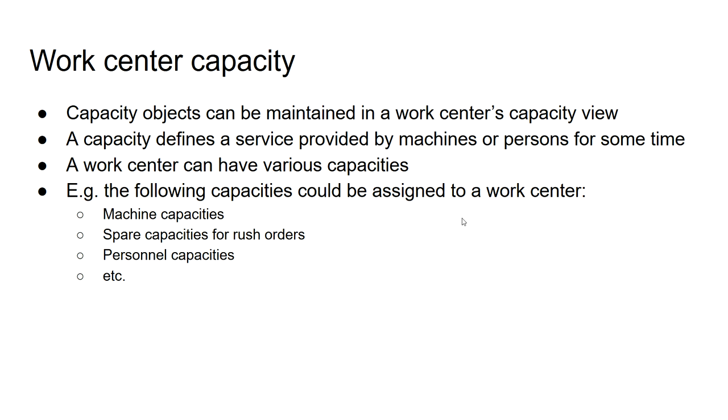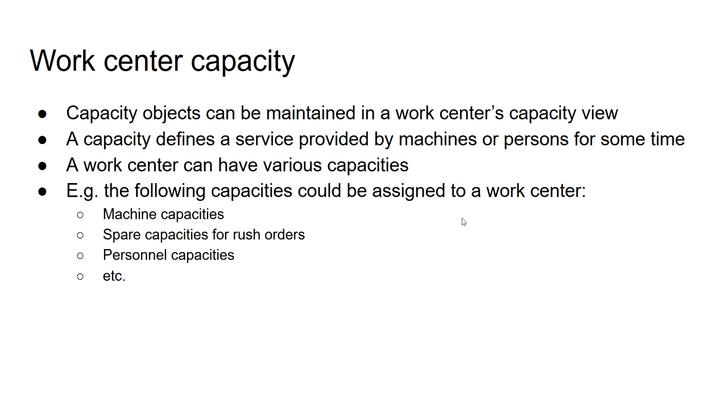And now we have come to the point where I want to talk a little bit about capacities and the capacity view. It's important to understand the concept behind capacity. A capacity object represents a service that is provided by, for example, a machine or personnel. Capacities are objects that can be maintained through the work center's capacity view.